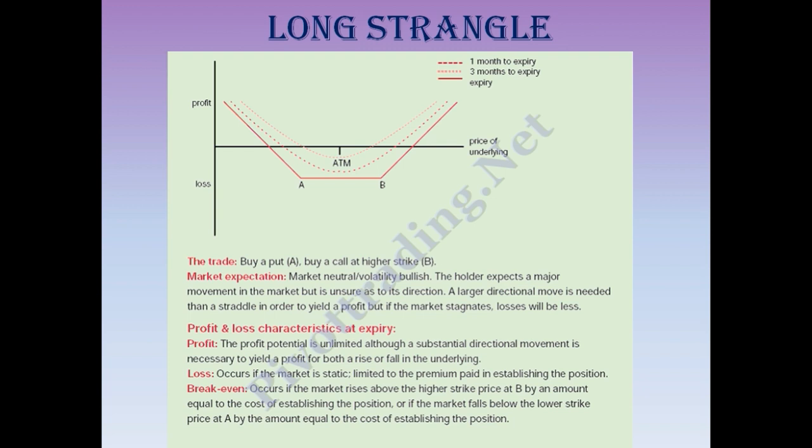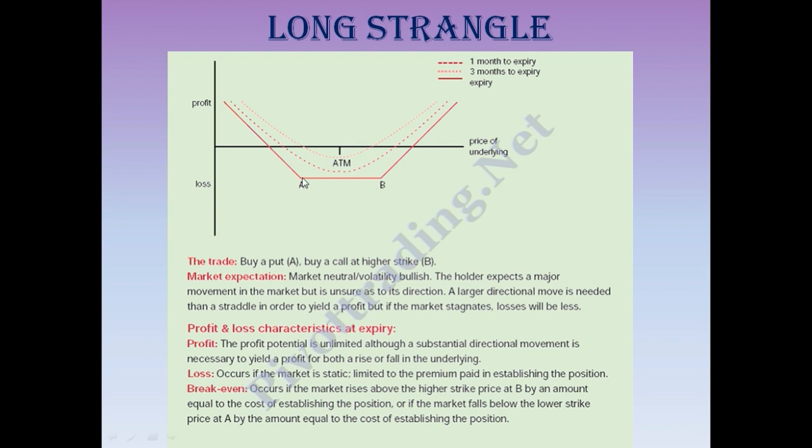Now your profit will only begin when Nifty goes above 9600 plus 100 rupees, which is your cost of investment. Similarly, you will start making profit only if Nifty falls more than 100 points below 9400, because you have bought a put of 9400. That is how you identify the break even point.